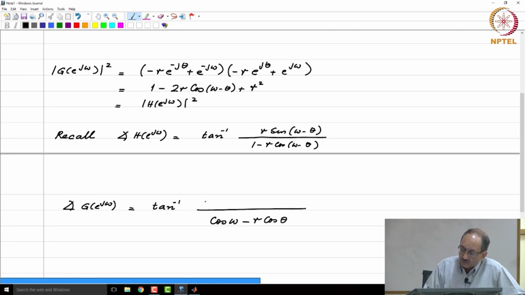So, this is nothing but r sin theta minus sin omega. So, this is the phase response. Clearly, the phase response is different. The magnitude response is identical, phase response is different.